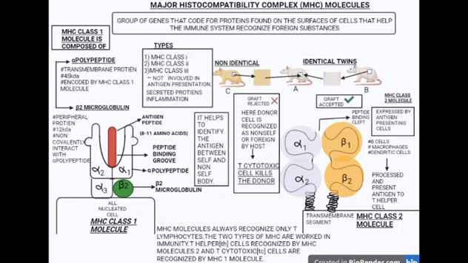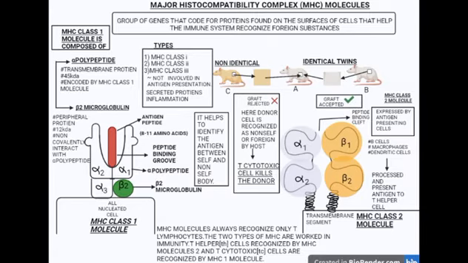So, MHC molecules, as I mentioned on my slide, are the group of genes that code for proteins found on the surfaces of cells that help the immune system recognize foreign substances. The first question arises in our mind: what is the work of these molecules in our body?